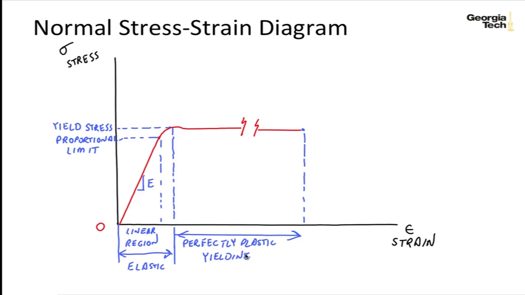And then we get to a point where we start to get what's called strain hardening, and the stress goes up again. And so it starts to go up until we get to something called the ultimate stress. That's the highest amount of stress the material can take.